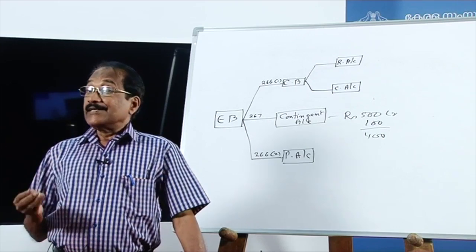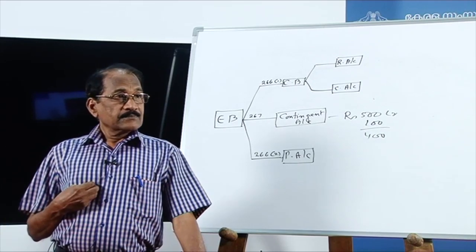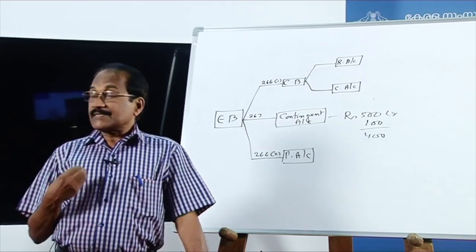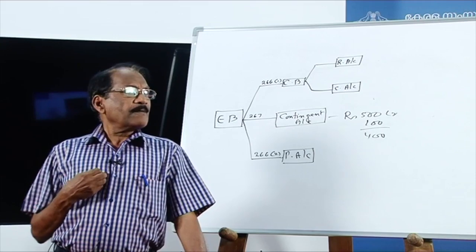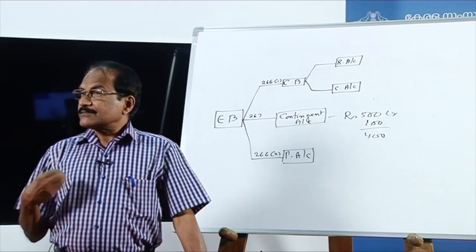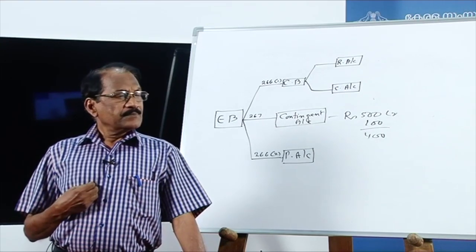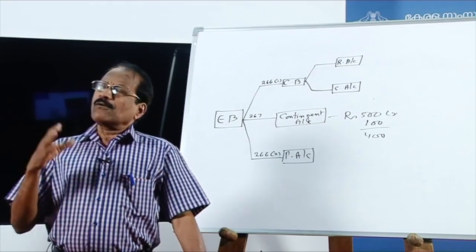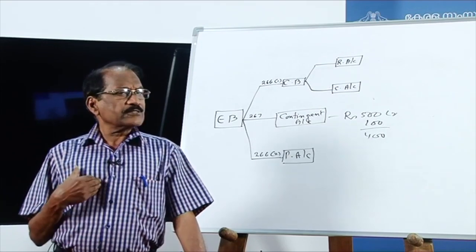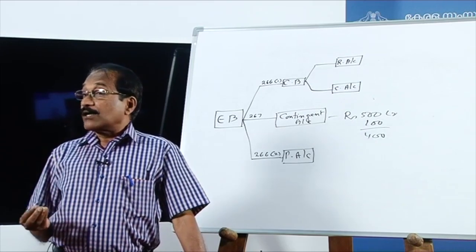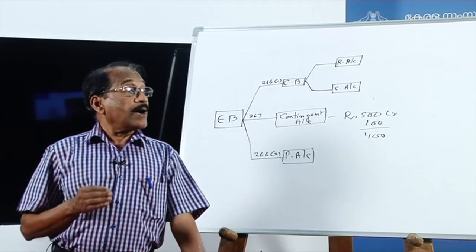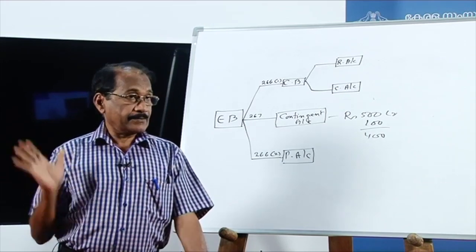For example, defense expenditure, government employees' salary expenditures, pension expenditures, then subsidies, all types of social welfare expenditures, all are met from revenue account because all these expenditures are unproductive in character.